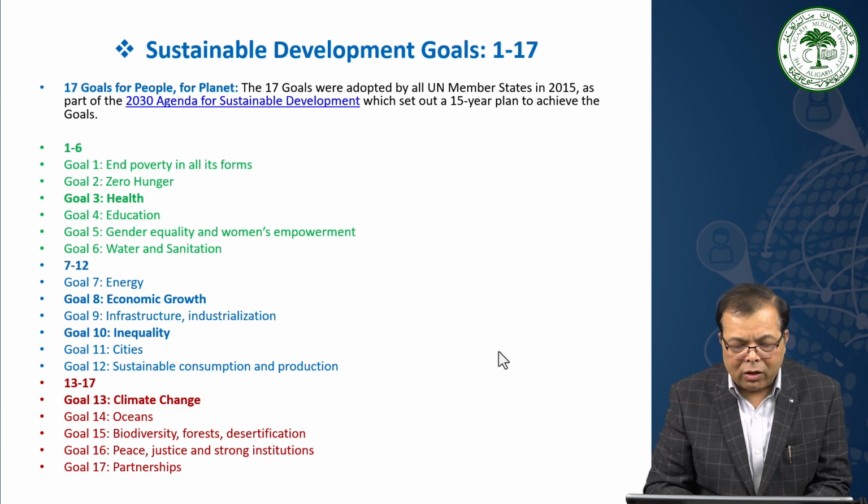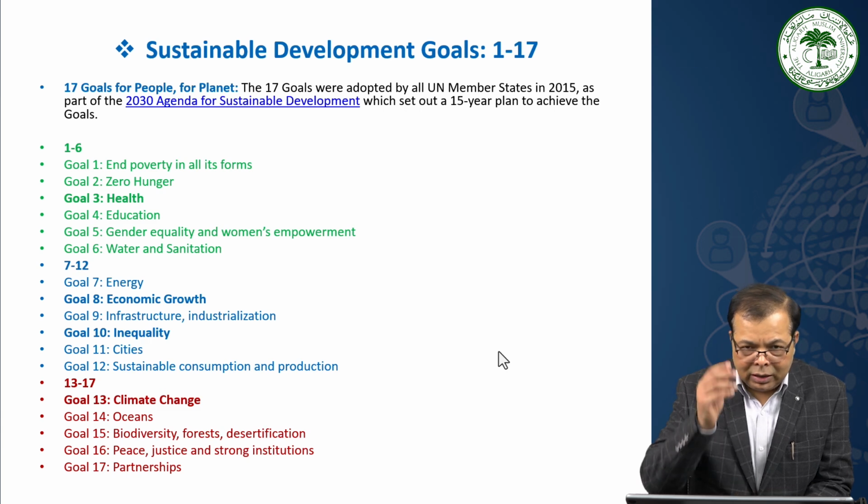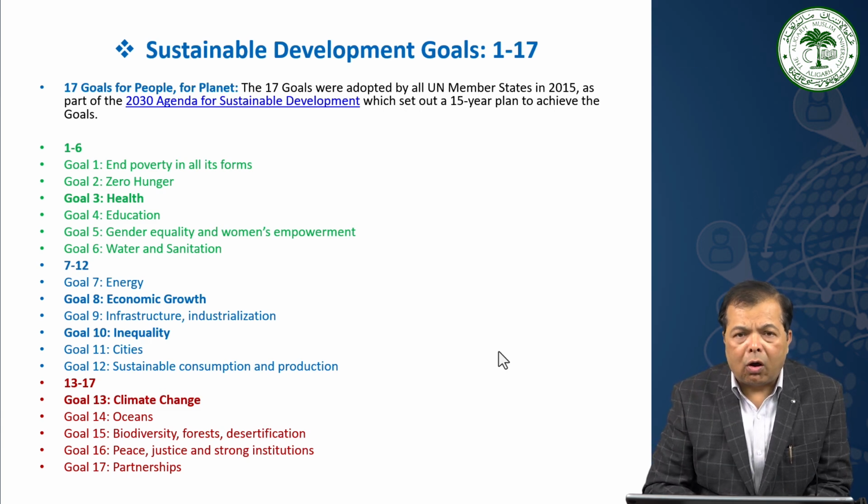So goal 1 talks about ending poverty in all its forms. Now, poverty is a big challenge. In the Millennium Development Goals also, we talked about poverty, and there we talked about multiple numbers, right?